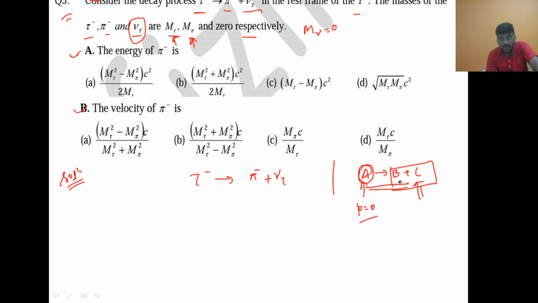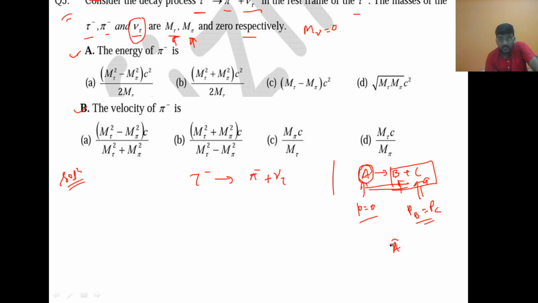That is only possible if B and C move opposite to each other with the same momentum. So the momenta of B and C should be equal and opposite, because only then is linear momentum conservation satisfied.